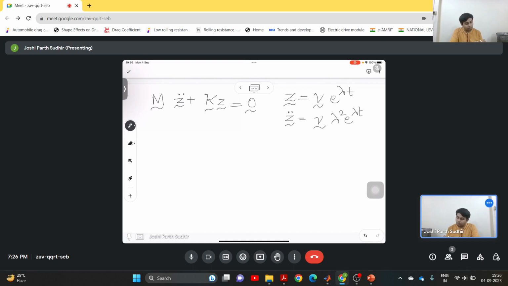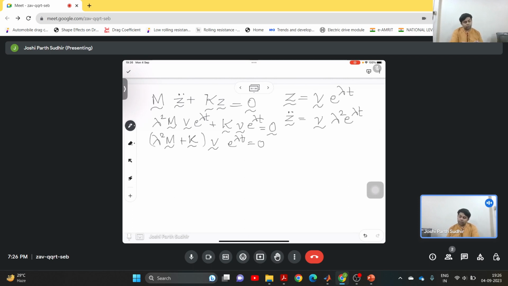So it will become lambda square M V e to the power lambda t plus K V e to the power lambda t is equal to 0 matrix. So we will get lambda square M plus K into V e to the power lambda t is equal to 0.